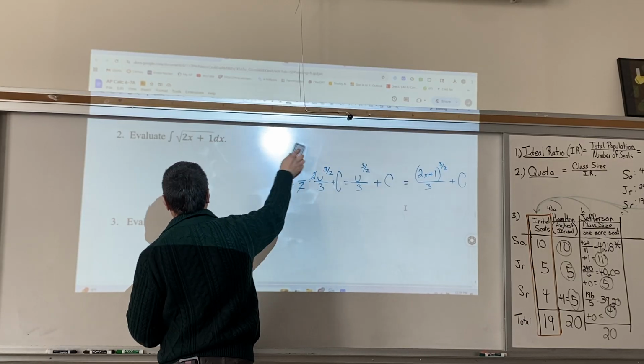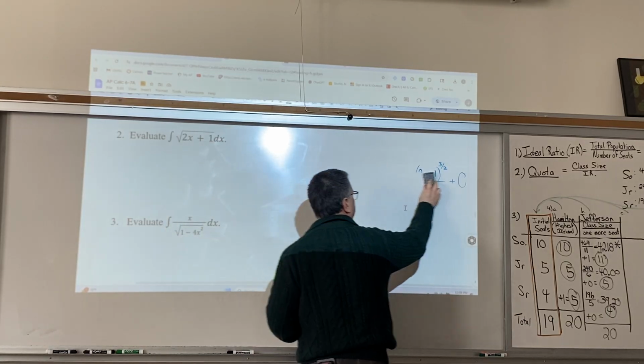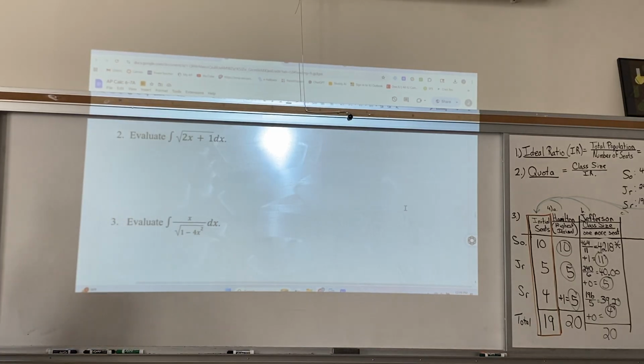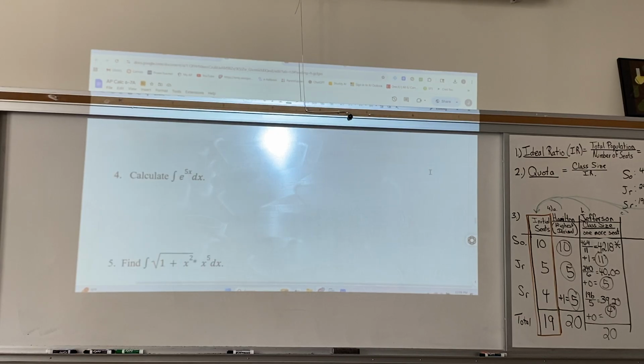So, yeah, let's just do two. Wait, Mr., what do we get, like the actual answer on the calculator? Because on the calculator it has like a certain integral. The calculator will give you a definite integral, but the calculator won't give you a function back as an answer. So it won't give you an indefinite.